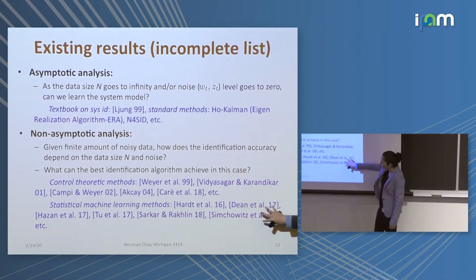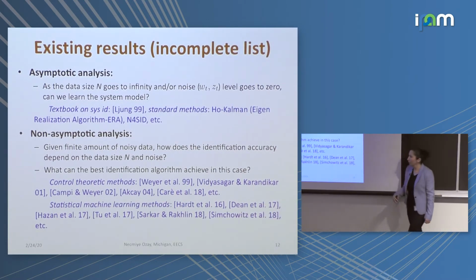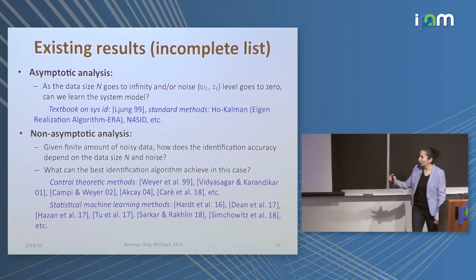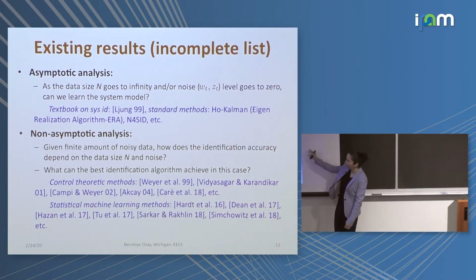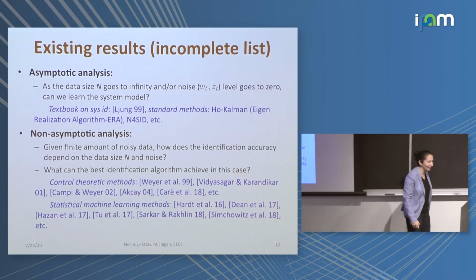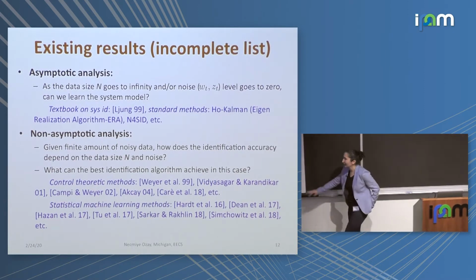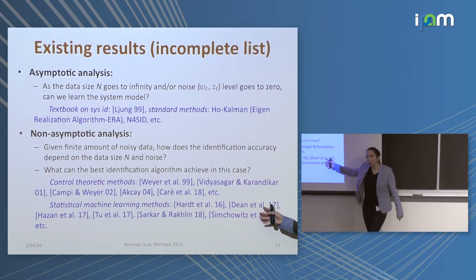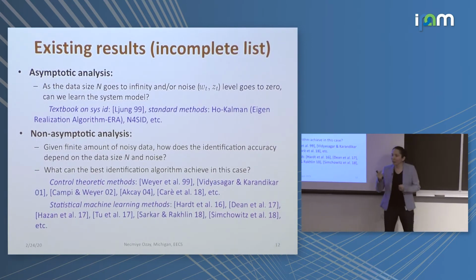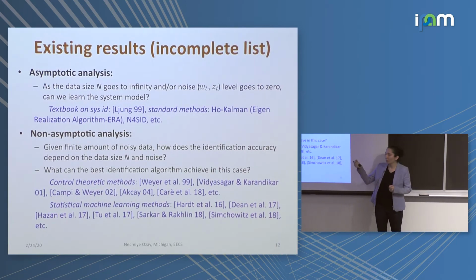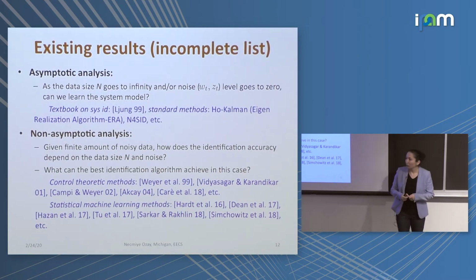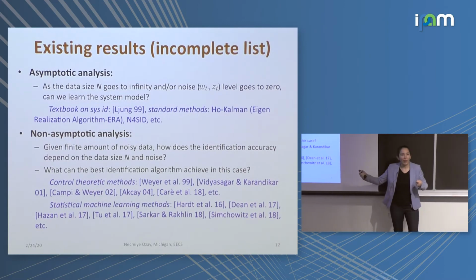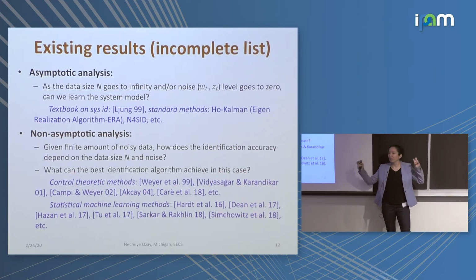And there are recent results also in the machine learning community, mostly Ben's work with a couple of co-authors. What we will do is similar to this, but the difference is that most of these results are for the case where you observe the state rather than an output. So it's kind of analyzing a time series dependent least squares type problem.